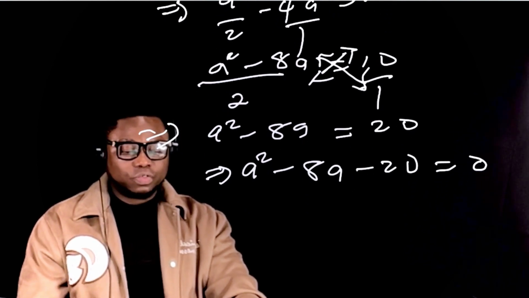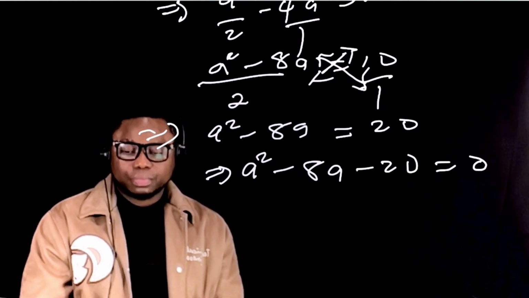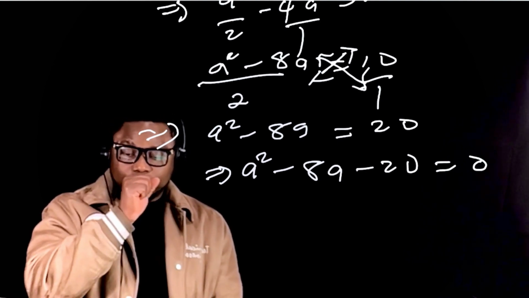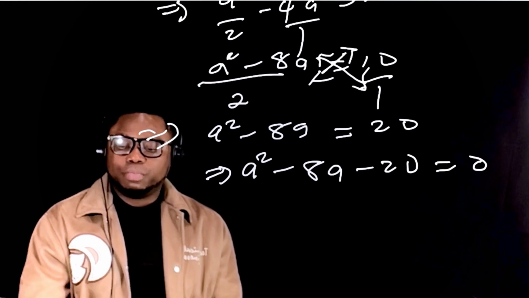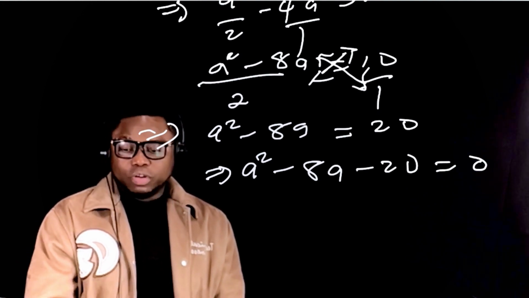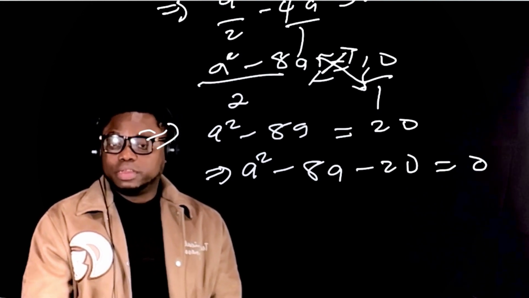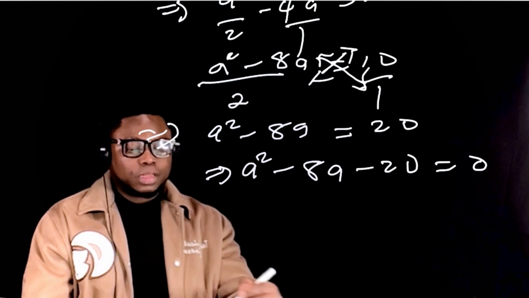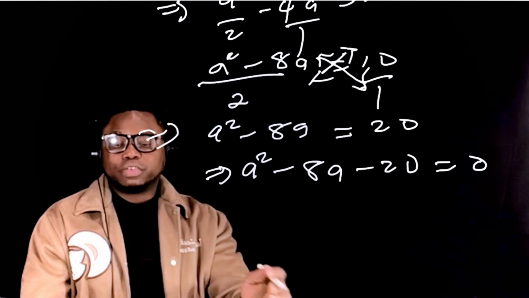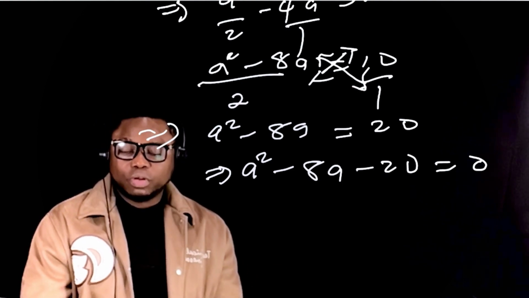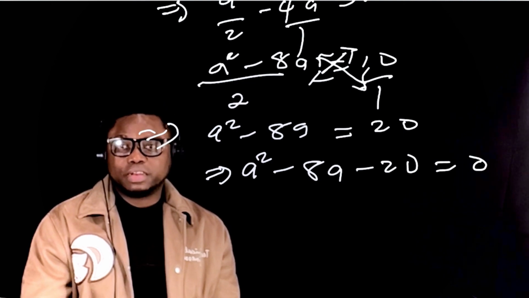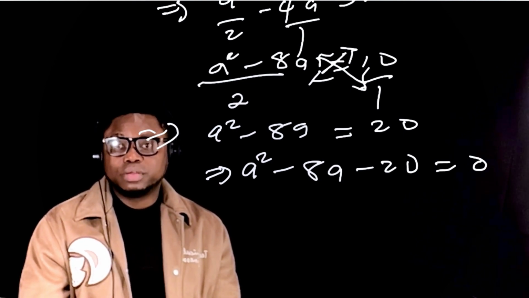So I can solve this quadratic equation using factorization method, the quadratic formula, or the completing the square method. But I'm going to use the factorization method because to me it is the shortest. To use factorization here, I'm going to look for two numbers that will give me minus 8 if I add them, but will give me minus 20 if I multiply them.